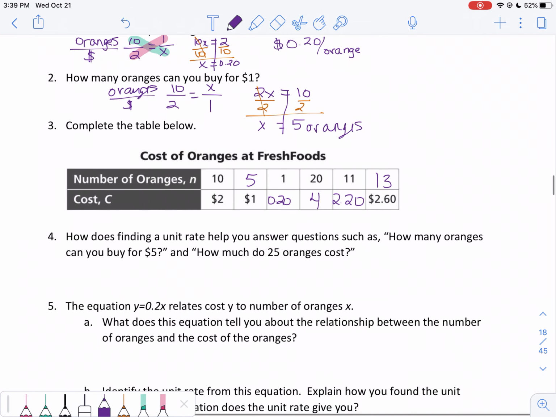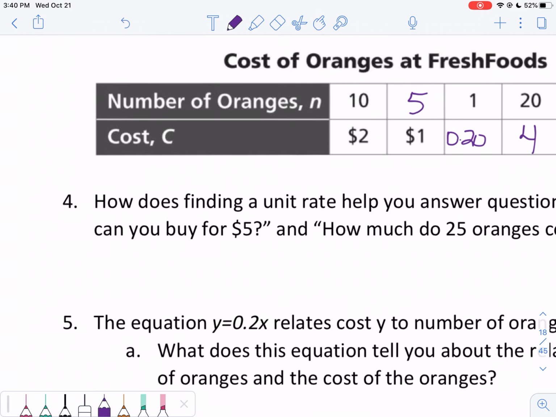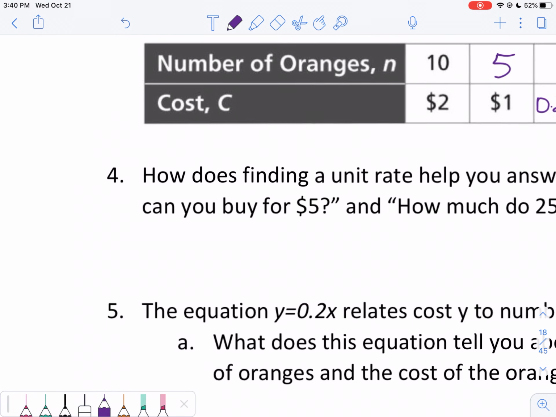All right, number 4. How does finding a unit rate help you answer questions such as, how many oranges can you buy for $5? And how much do 25 oranges cost? So to answer the first one, how many oranges can you buy for $5?